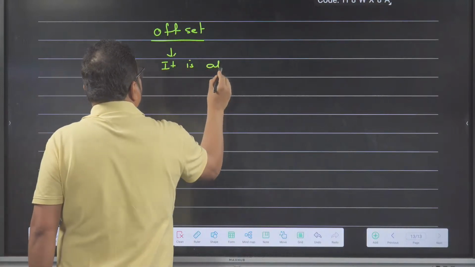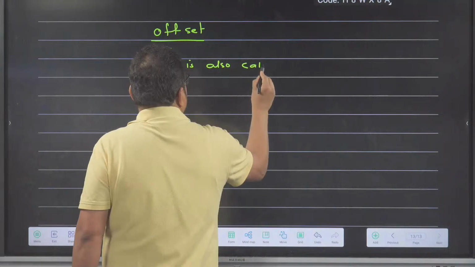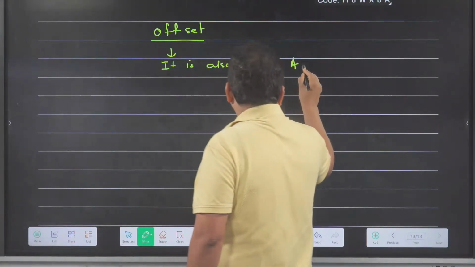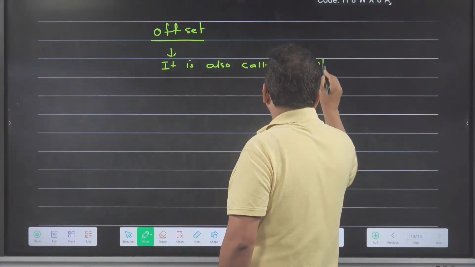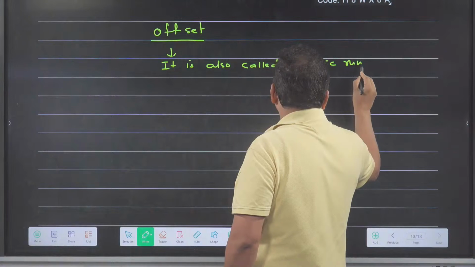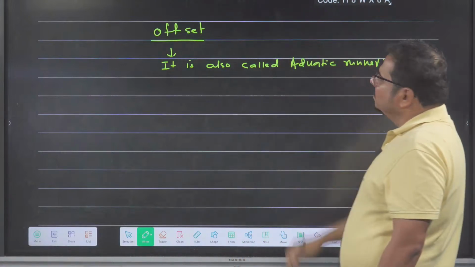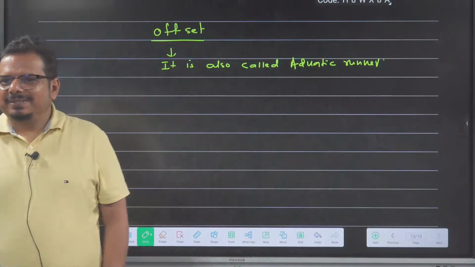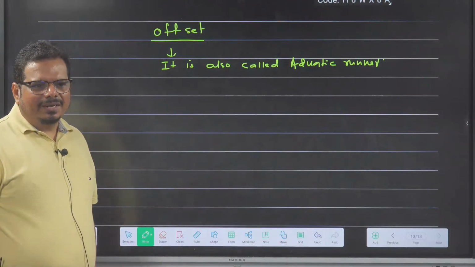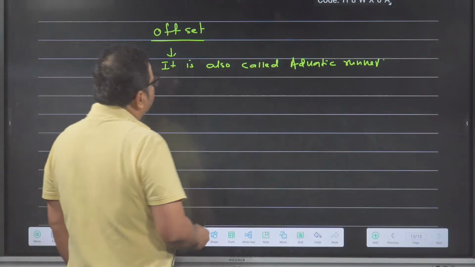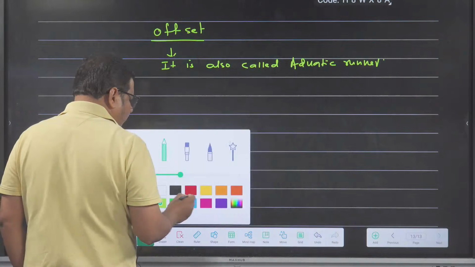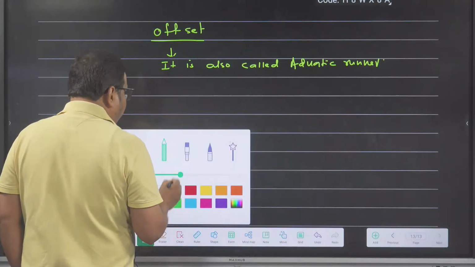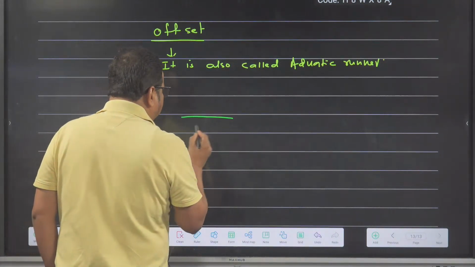It is also called aquatic runner, runner of water body. Okay? Now what happened in the case of offset, let me tell you. In Pistia and Eichhornia, this is internode.